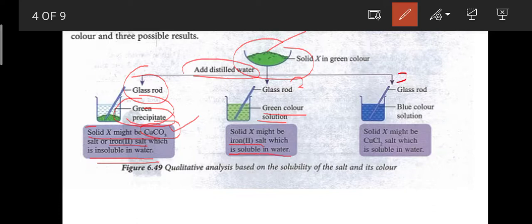The third possibility, if it is a blue solution, solid X might be copper 2 chloride salt, which is soluble in water. So these are the possible results. Although we do not know the identity of the salt from solubility alone, at least it will narrow down our investigation of the identity of the salt we study.